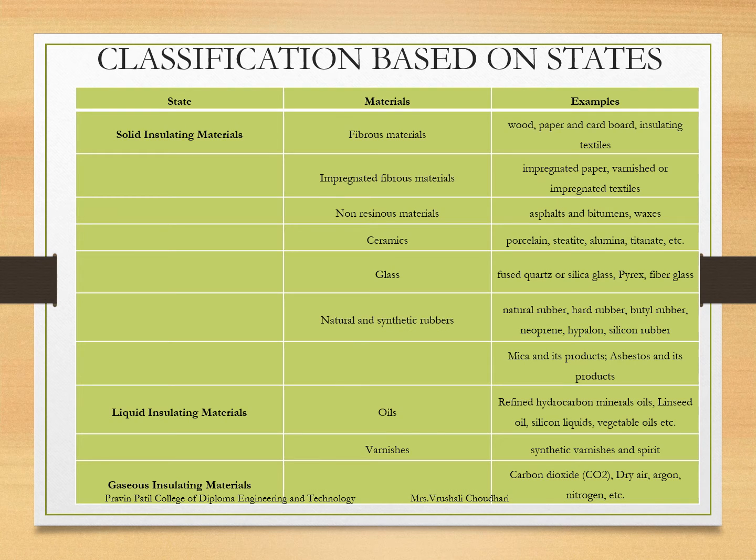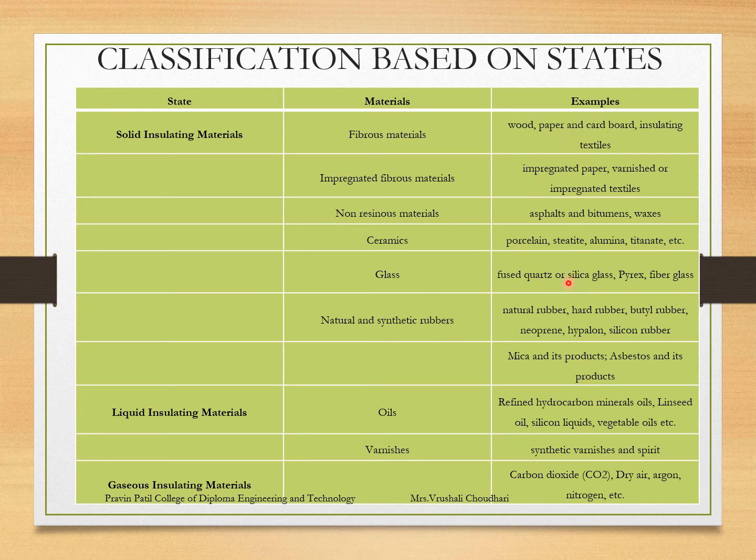Classification based on states. Basically, insulators are classified into three categories: solid insulating material, liquid insulating material, and gaseous insulating material. For basic purposes, solid materials are again divided into classes: fibrous, impregnated fibrous, non-resinous materials, ceramics, glass, and natural and synthetic rubber.